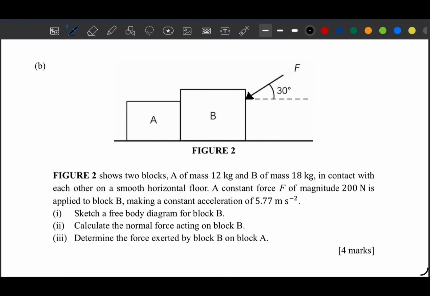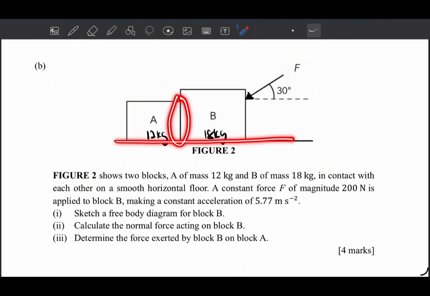We have block A, 12 kg, and block B, 18 kg, in contact on a smooth surface. So these two bodies are in contact on a smooth surface, and we know when we have a smooth surface, no friction exists.